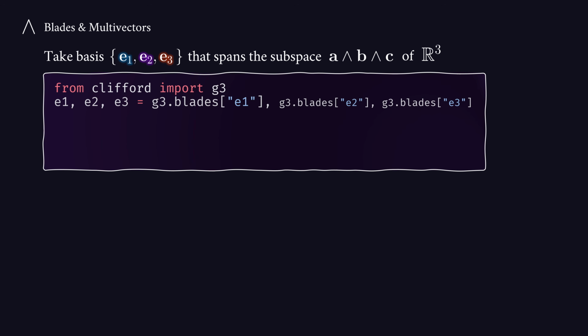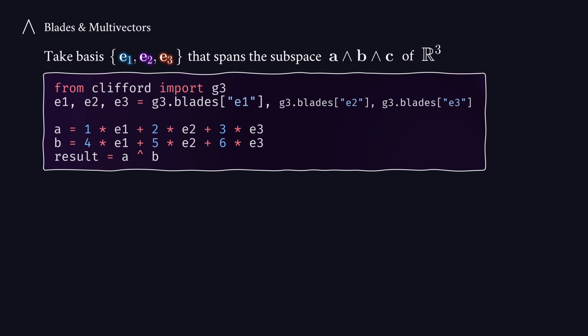So G3.blades, and then you write as a key the name of the basis vector. So E1, E2, and E3. And with these basis vectors, we can construct our blades. For example, A as 1 times E1 plus 2 times E2 plus 3 times E3, and B as just some random other blade. Now, as a result, we want to obtain A wedge B.